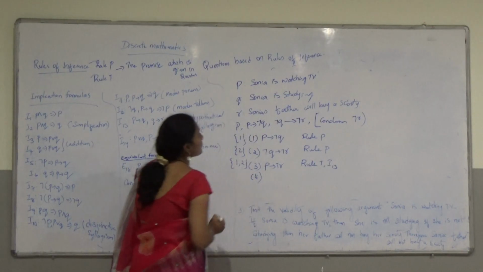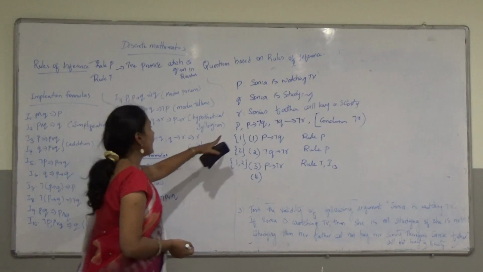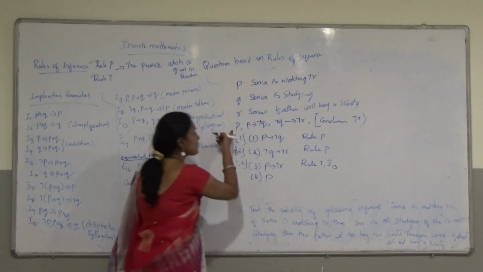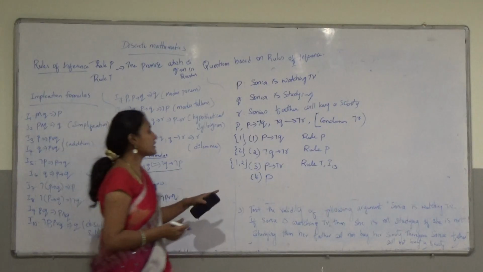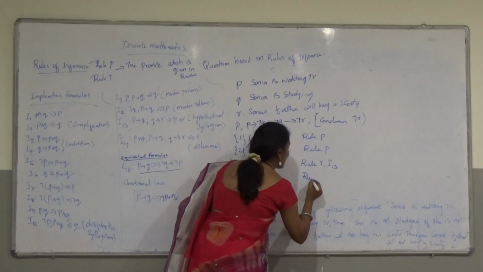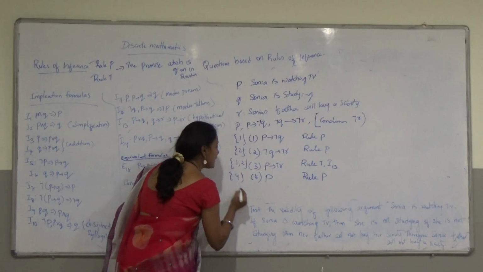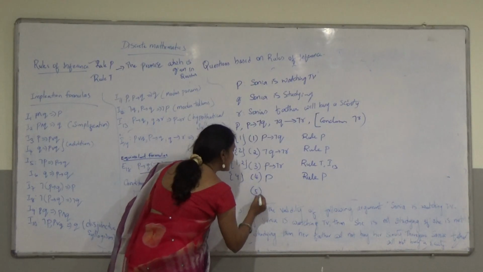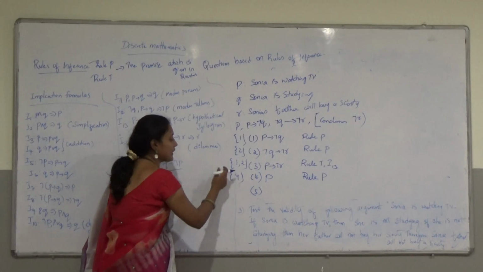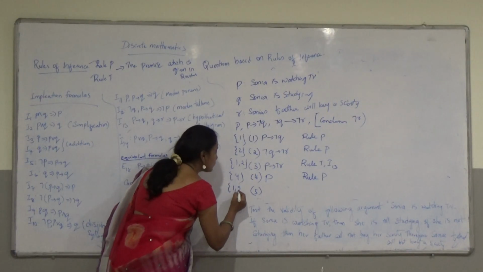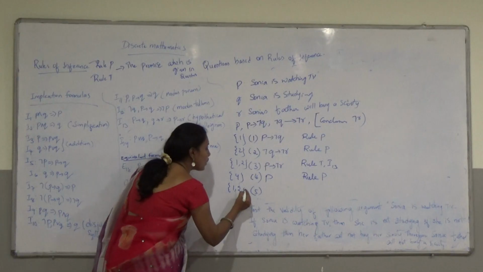What is the next premise I can take? So I can take P. The remaining premise is only P. This I am taking from the question only, so I am taking rule P. So this is a new premise. From this third and 4 we are getting a new premise. So we can write it as 1, 2. Third number is 1, 2, comma 4.